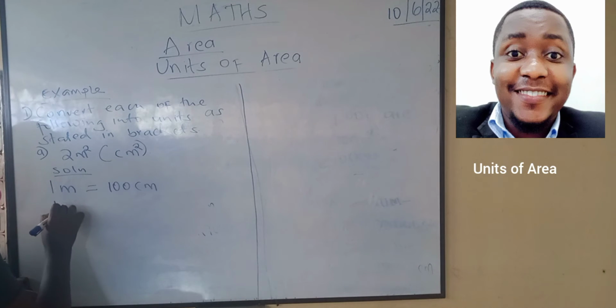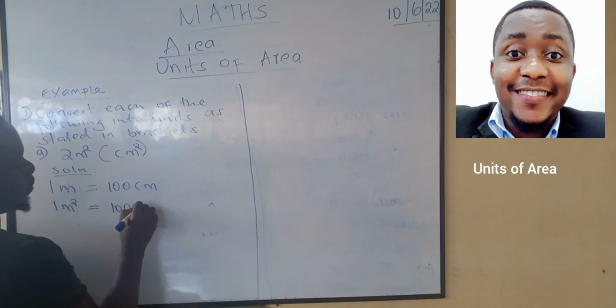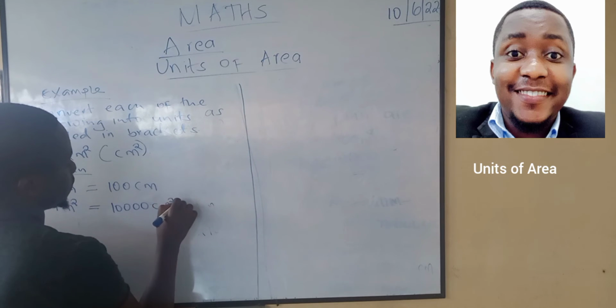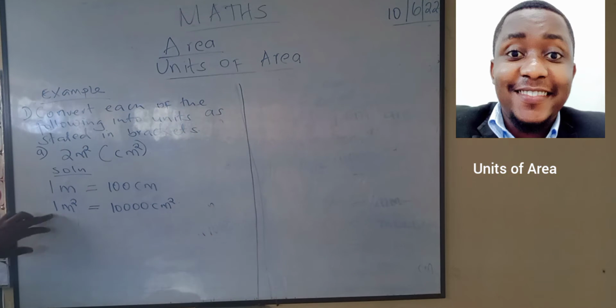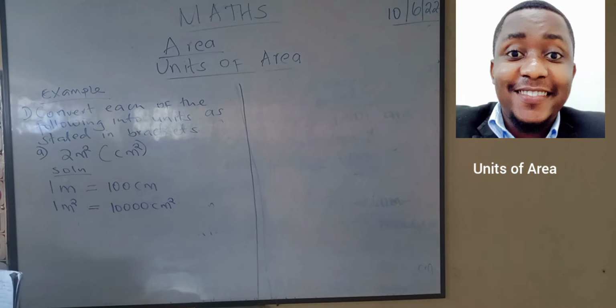Now, what about 1 meter squared? It will be 10,000 centimeters squared. 1 meter squared is equal to 10,000 centimeters squared.